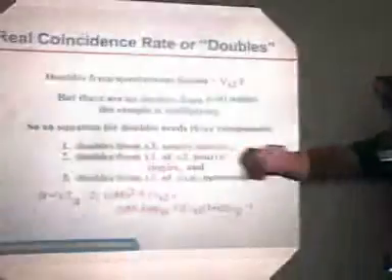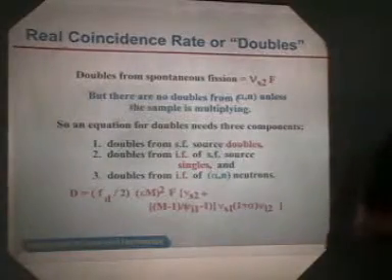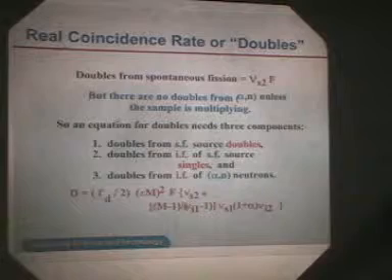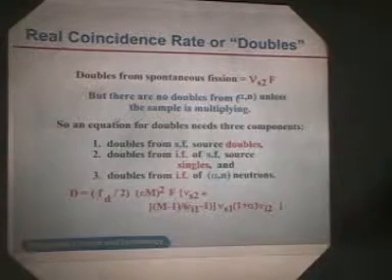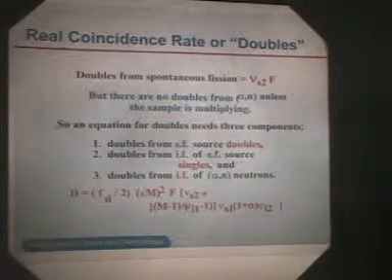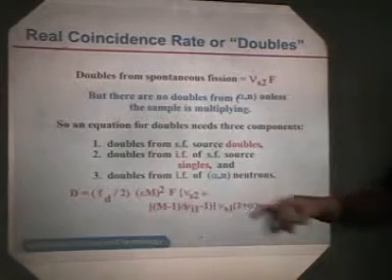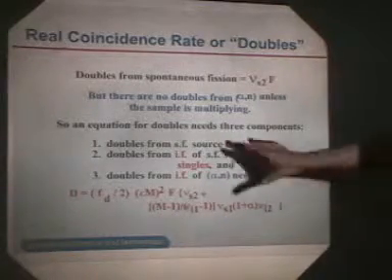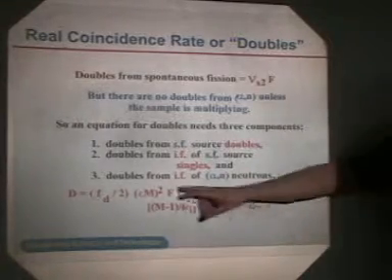So you're not going to see anything from alpha n's here. You get coincidences or doubles from spontaneous fissions. But you also get doubles from the induced fissions when the cause was the spontaneous fission neutron. See the pattern? It's repeating. You also get doubles from the induced fission when the induced fission is caused by an alpha n neutron. Same pattern, same approach.